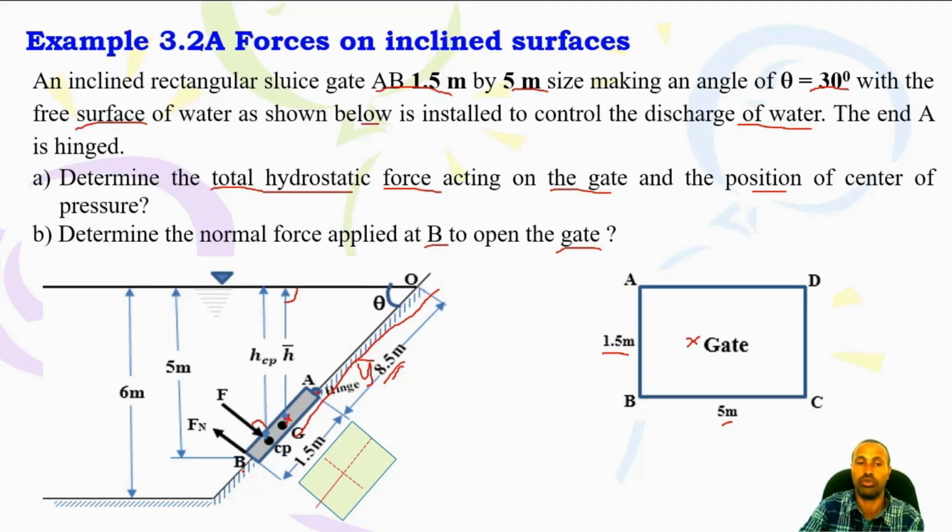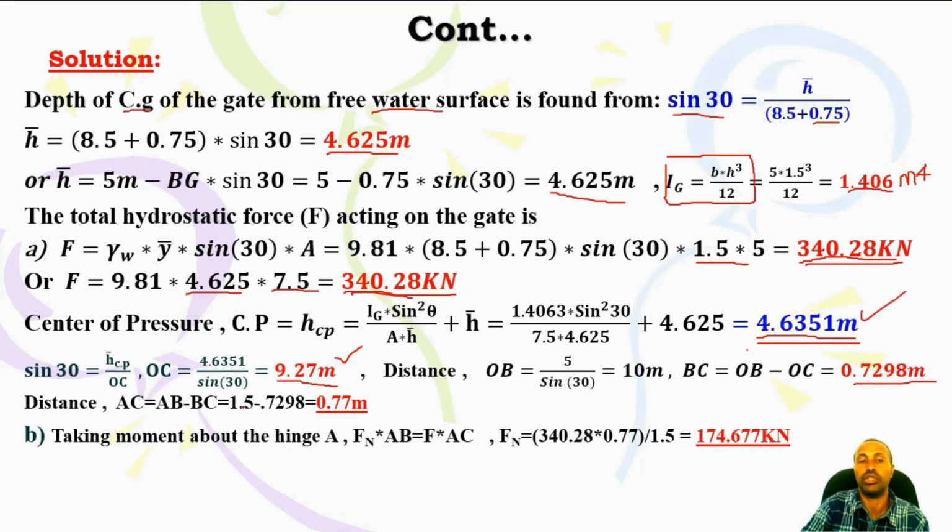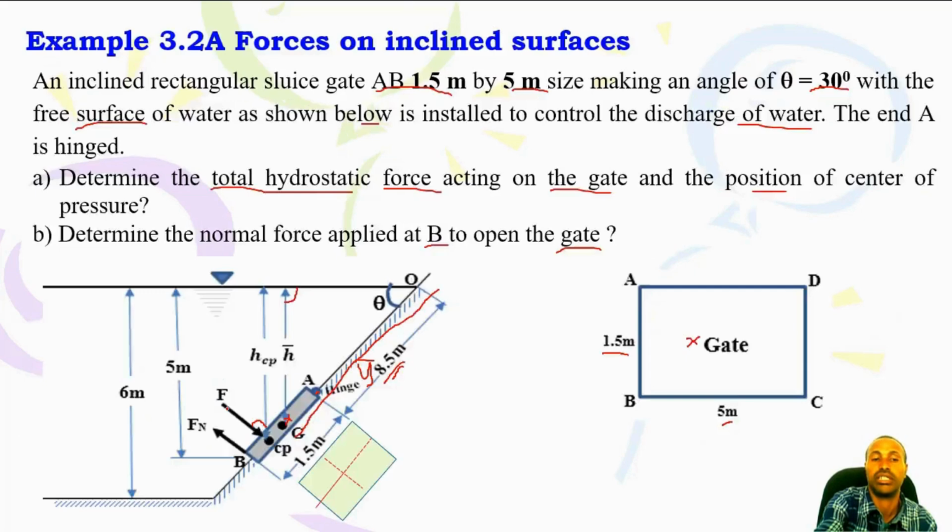Once you get OB, you know AB, and you also know the center of pressure from O up to CP, already computed. Then finally you use distance AC. Distance AC will be AB minus BC, the distance from A up to C, the center of pressure.